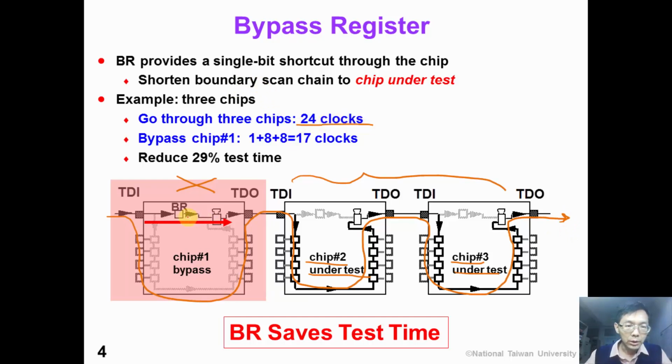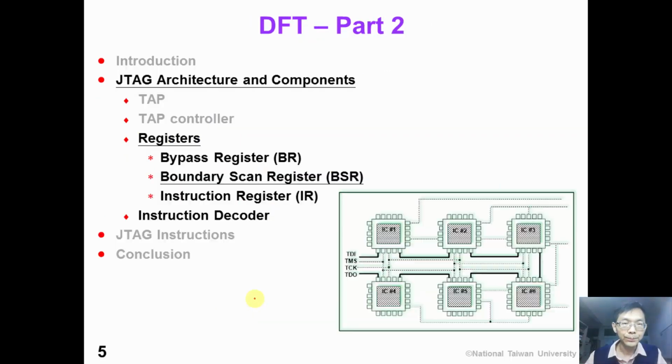However, if we use the bypass register of chip number 1, we can simply use 1 cycle plus 8 plus 8, which is 17 clock cycles. In this way, we can reduce our test time by 29%. So, the bypass register helps us to save test time.